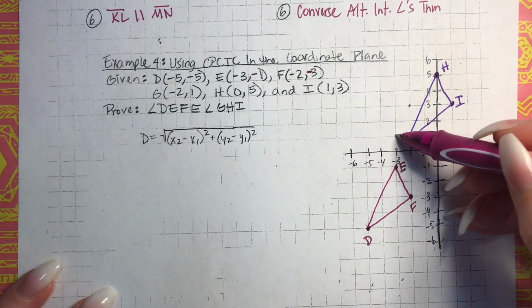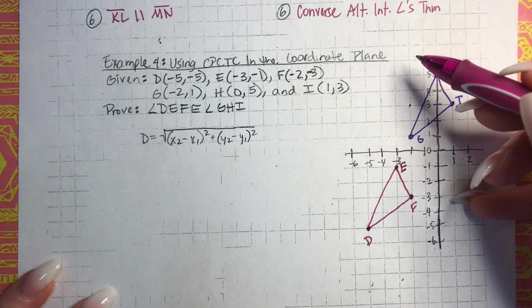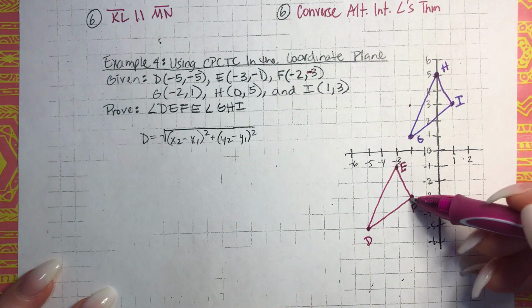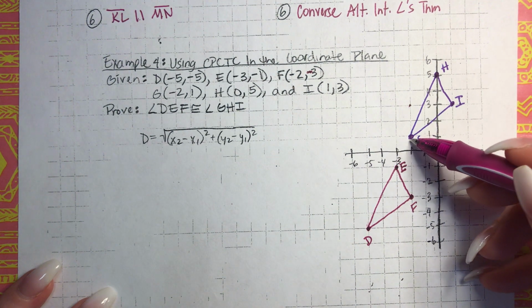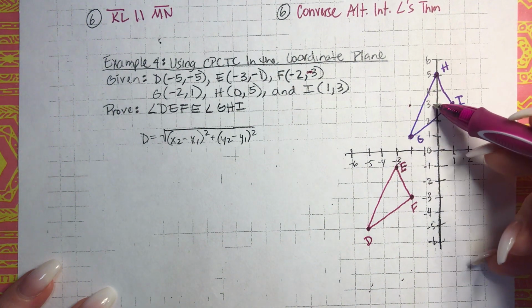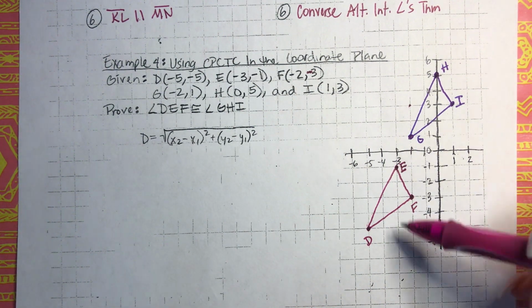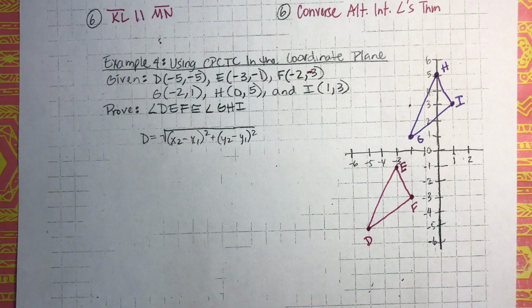So up 6, over 3. Yep, and then this one up 6, over 3, yeah. So these are actually translations, so we could prove that they're congruent by just proving that they're a translation, right? However, that's not what we're doing here. I just saw that and it looked kind of cool.